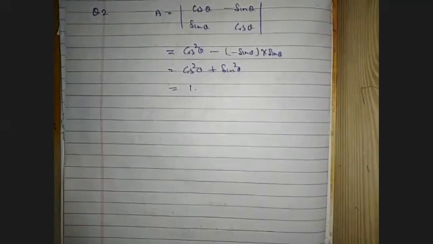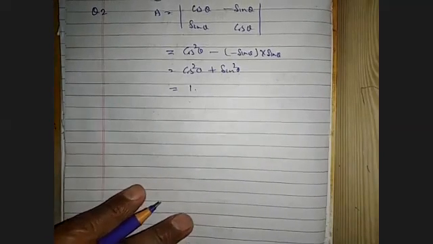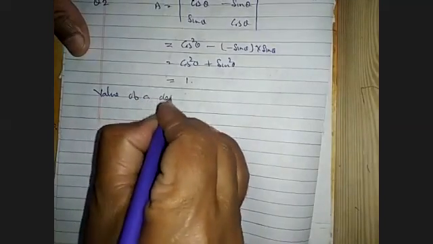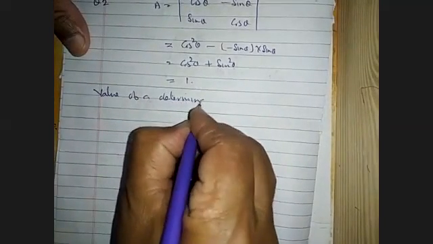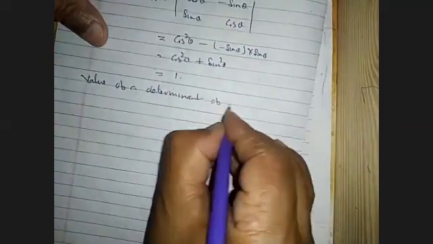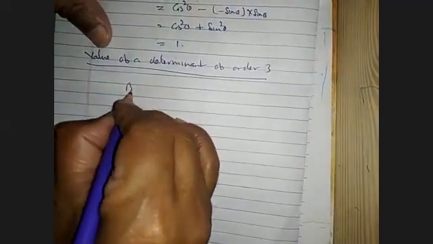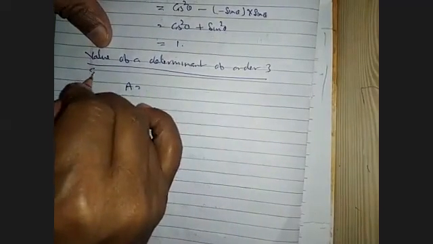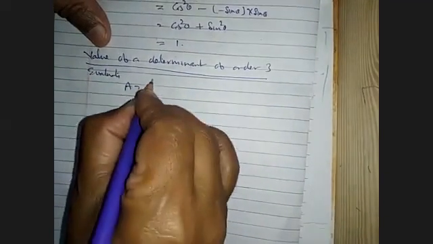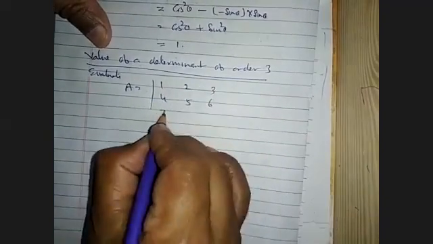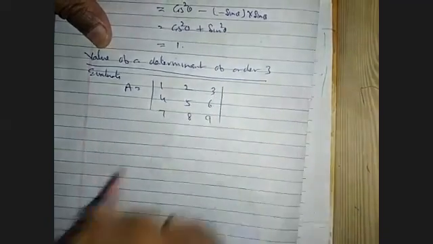But the question is, how to find the value of a determinant of order 3? This is more important for us. Value of a determinant of order 3. Pay attention. Evaluate the determinant with entries 1, 2, 3, 4, 5, 6, 7, 8 and 9.